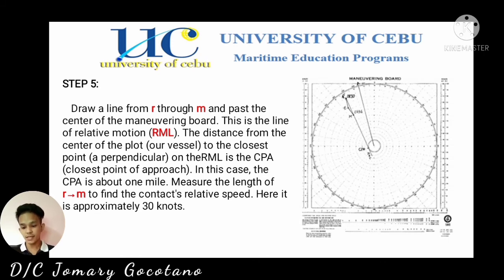In this case, the CPA is about 1 mile. Measure the length of R to M to find the contact's relative speed. Here it is approximately 30 knots. So to find the contact's relative speed, you have to measure the length of the contact or the target's track, which is R to M.